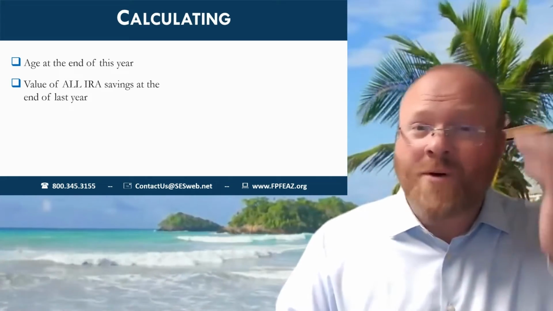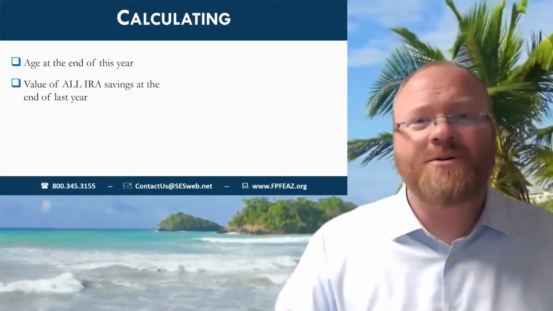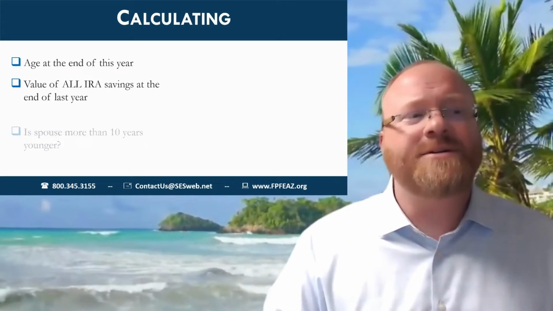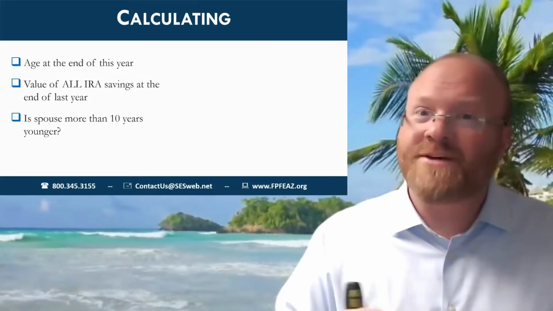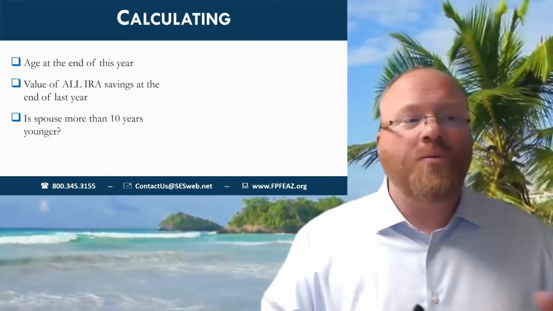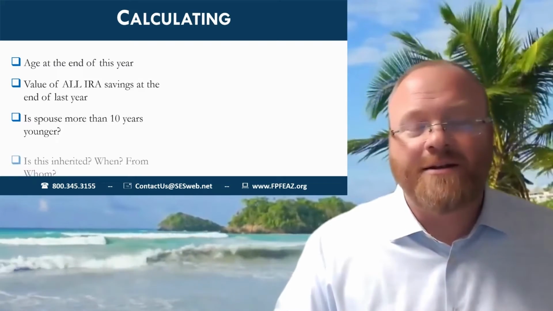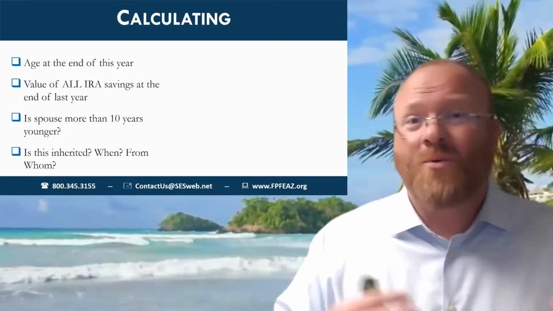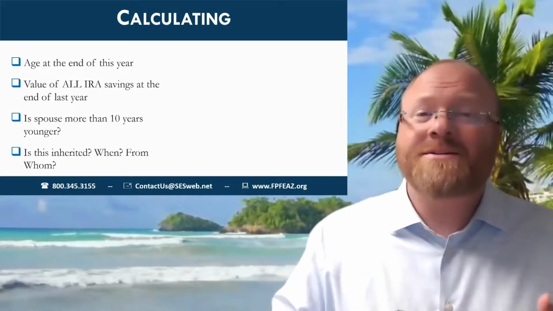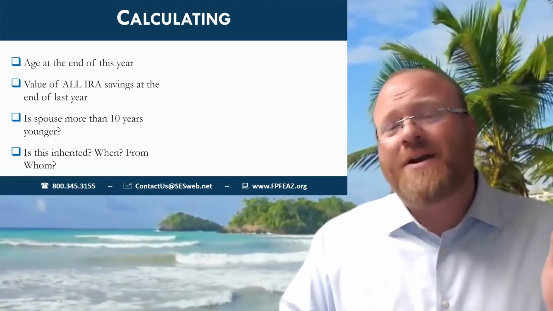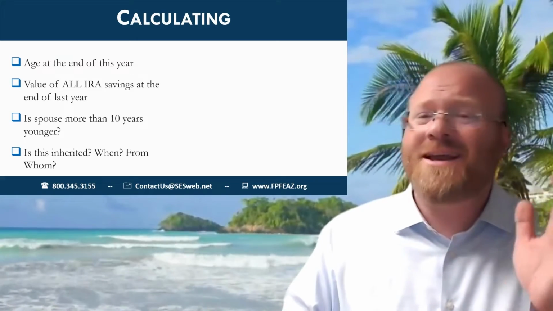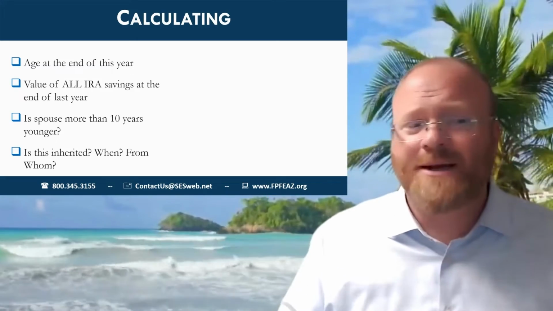Then we ask a few questions about your situation to weed out any of the weird scenarios. Is your spouse more than 10 years younger than you? Different way to calculate. And what about, is this inherited? And if so, when and from whom? Because the rules changed for 2020. You've got a whole set of rules for inherited IRAs before 2020 and a whole set of rules after 2020.